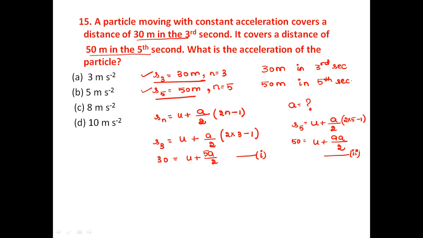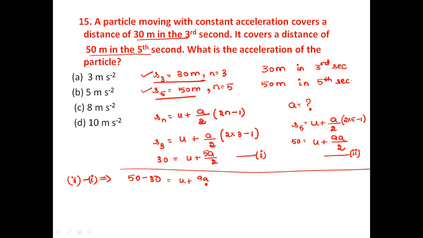Using equation 1 and equation 2, let me subtract one equation from the other. Equation 2 minus equation 1 gives us 50 minus 30 is equal to u plus 9a by 2 minus u plus 5a by 2.